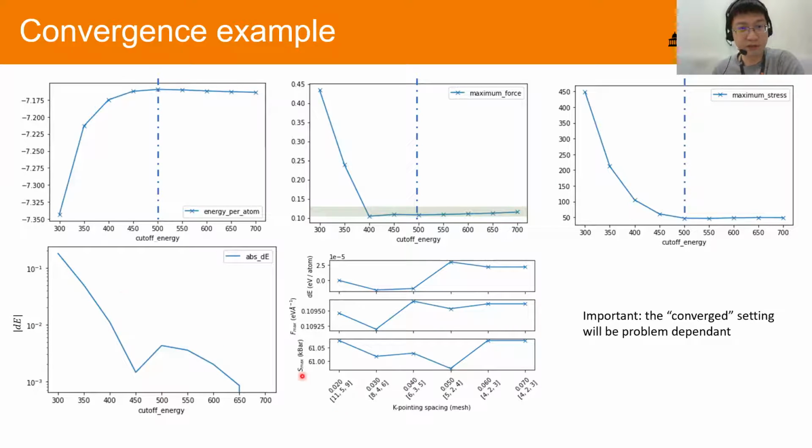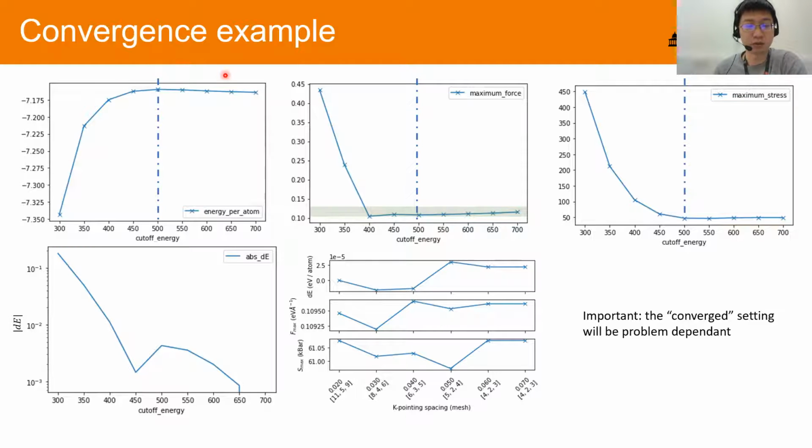So it's essentially converging, but if you know plane wave theory, you will notice that this is actually not the right behavior, because when you increase the plane wave basis set, the energy should go down, it should not go up. This is because VASP has some internal compensations to make the energy well behaving.